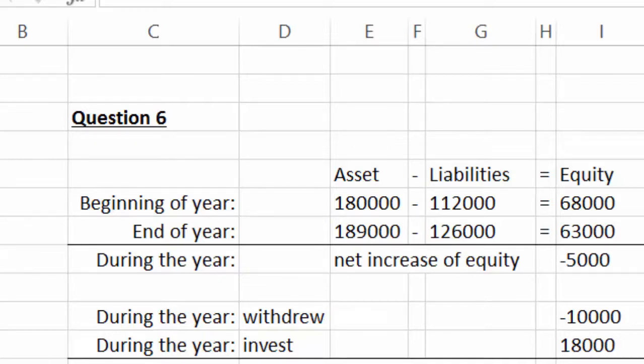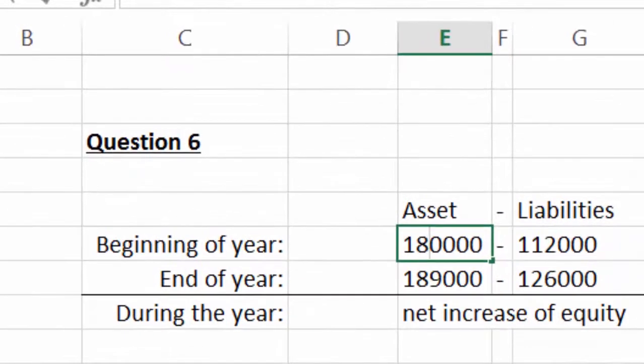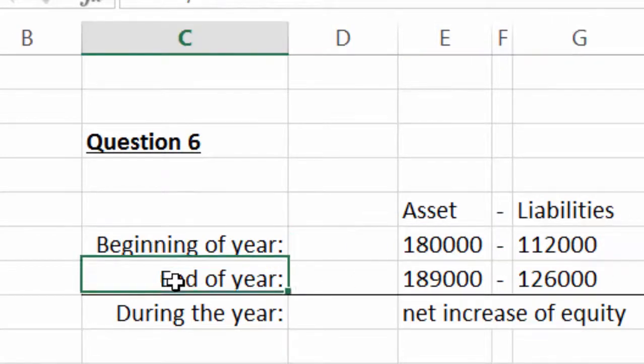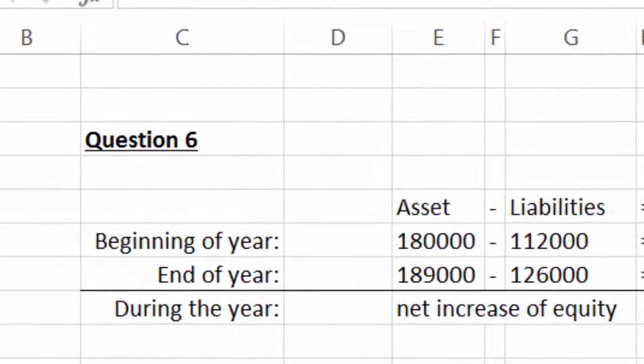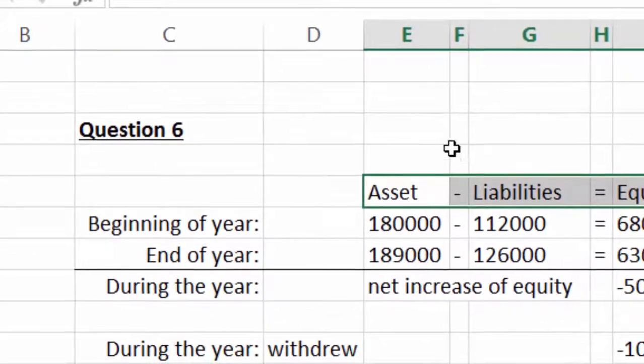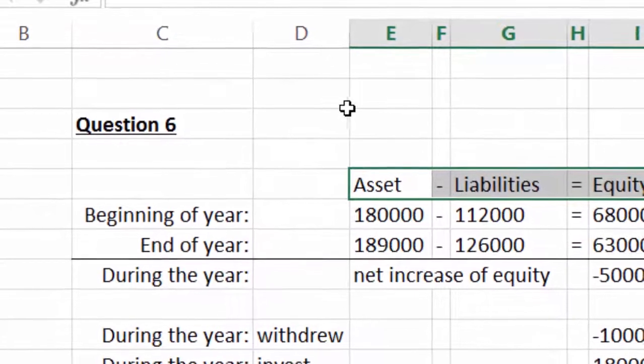So the given information are what the assets and liabilities were at the beginning of the year and at the end of the year. From this information we can easily calculate the amount of equity if we know the equation. We know that assets equals liabilities plus equity.